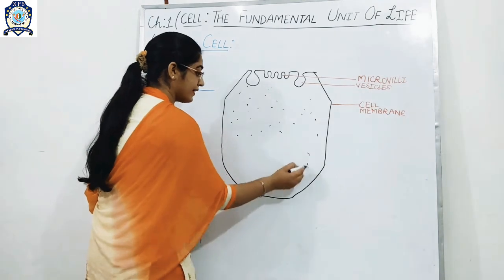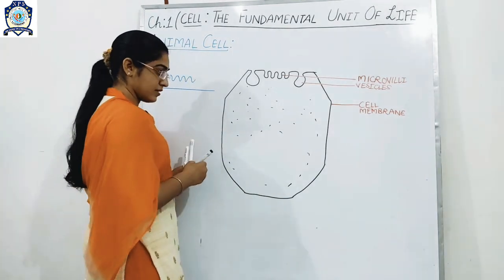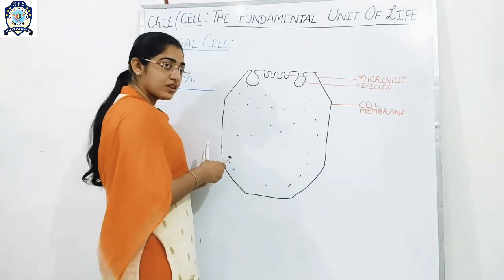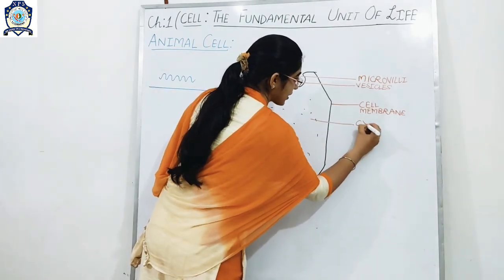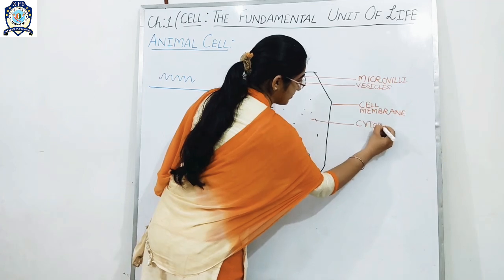Dear students, the cell is also filled with fluid or matrix, and this fluid or matrix is called the cytoplasm. So in this way you have to label the cytoplasm.